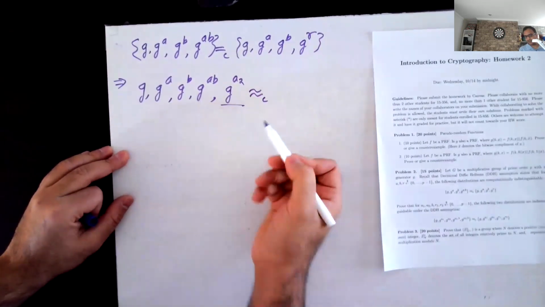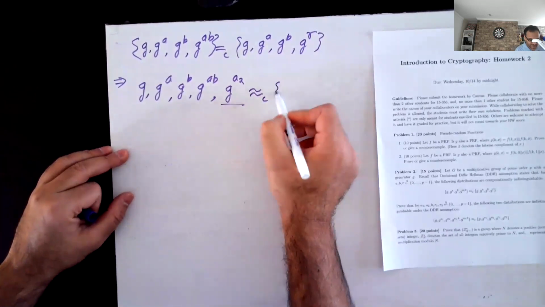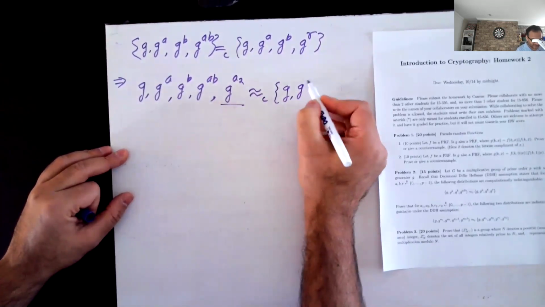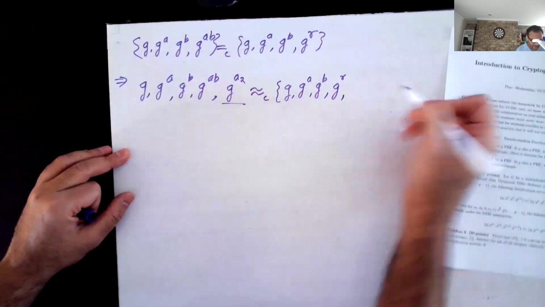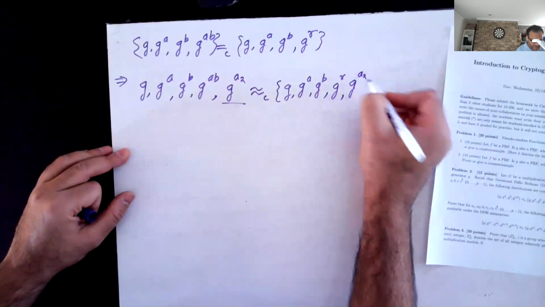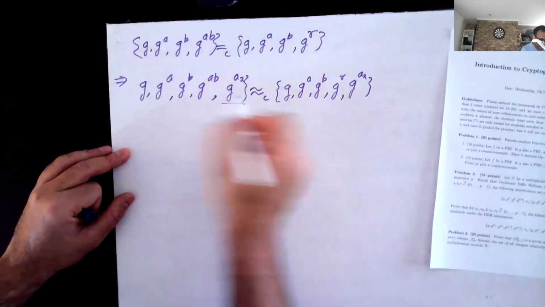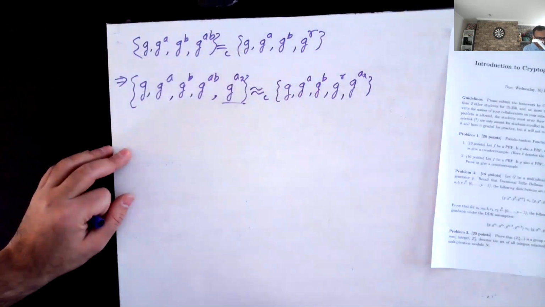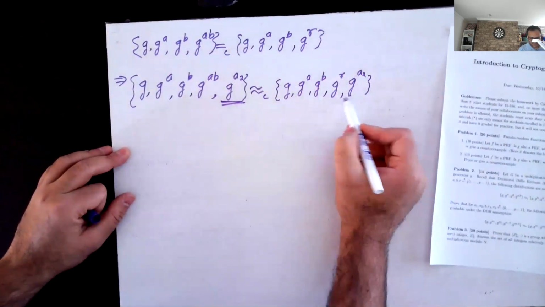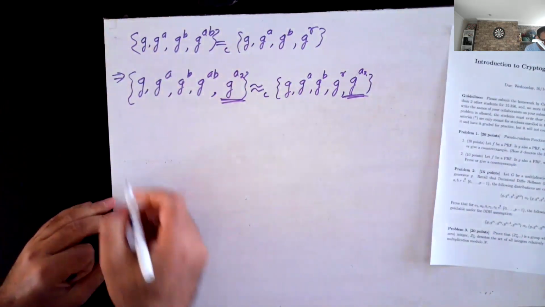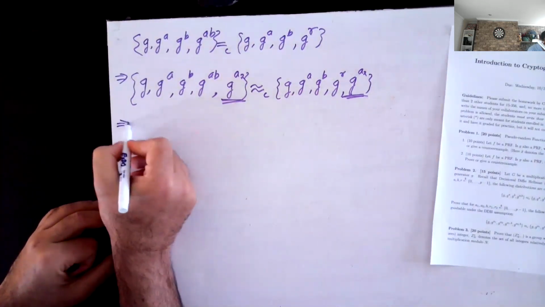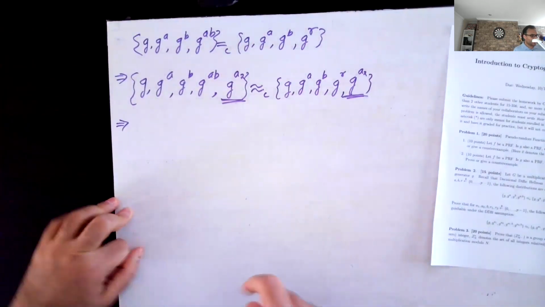This is just a2, which is random, in both distributions. Okay, this really has nothing to do with anything else. So these two are also computationally indistinguishable. Now, what do I do?